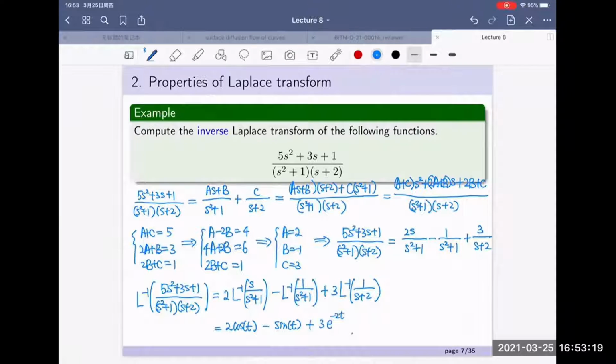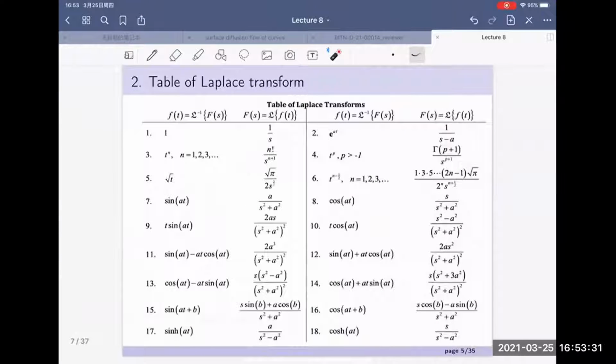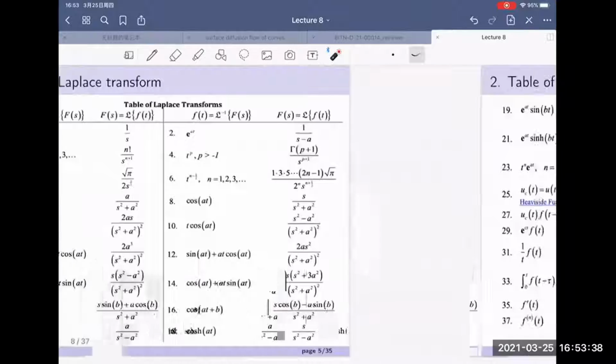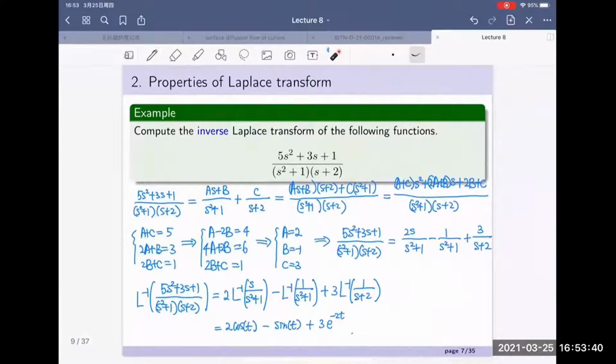Okay, so this is the inverse Laplace transform of this complicated function, because you decompose it into three simpler functions, and each simpler function can be found simply in the table of Laplace transforms. This is how we derive the inverse Laplace transform of a very complicated function. We decompose it into simpler functions.